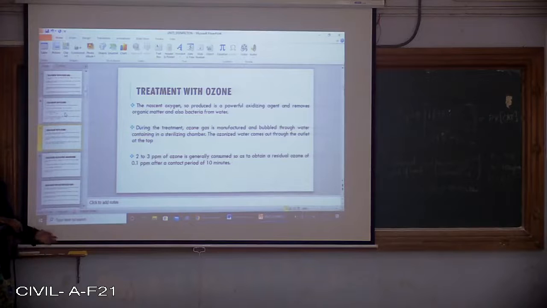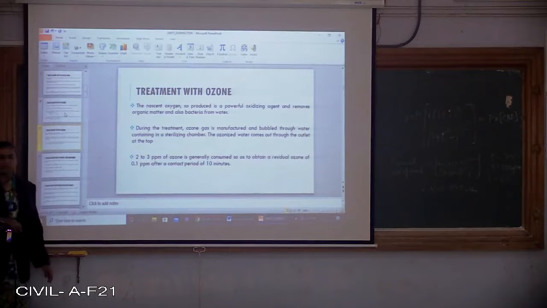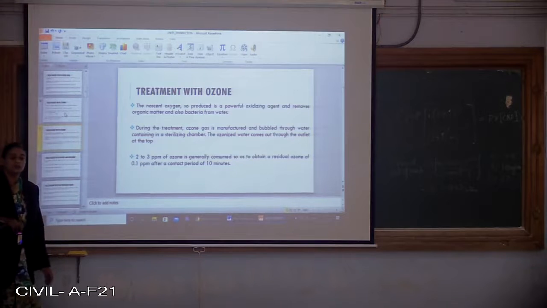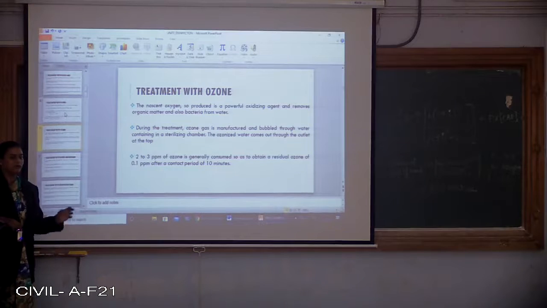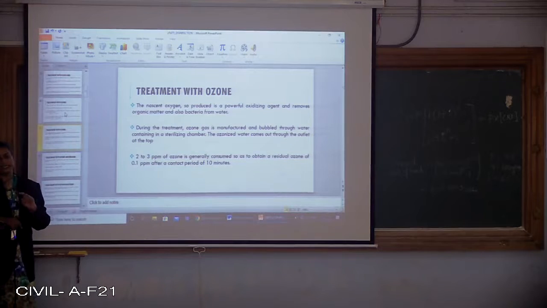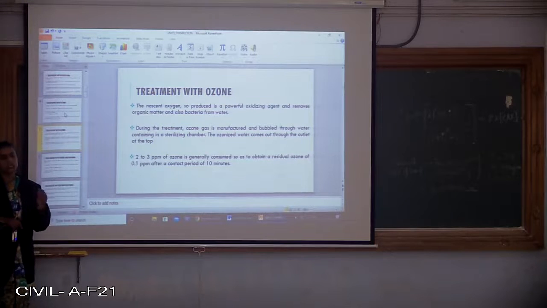So whenever water is treated with 2 to 3 ppm of ozone, a residual ozone of 0.1 ppm is left after a contact period of 10 minutes. When you make contact between the ozone and the water, approximately 0.1 ppm of residual ozone will be seen in the water.